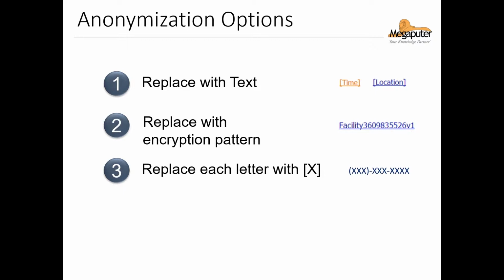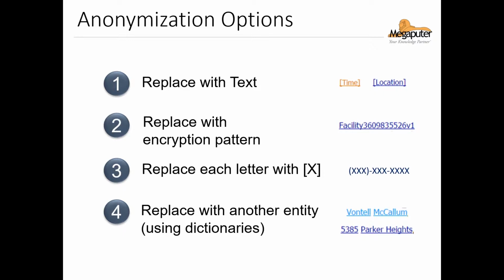Third, we can replace each letter or digit in our entity with any character we choose. We didn't have any cases like this in our previous example, but here's an example of a phone number where each digit has been replaced with an X. Finally, we can replace an entity using another entity.